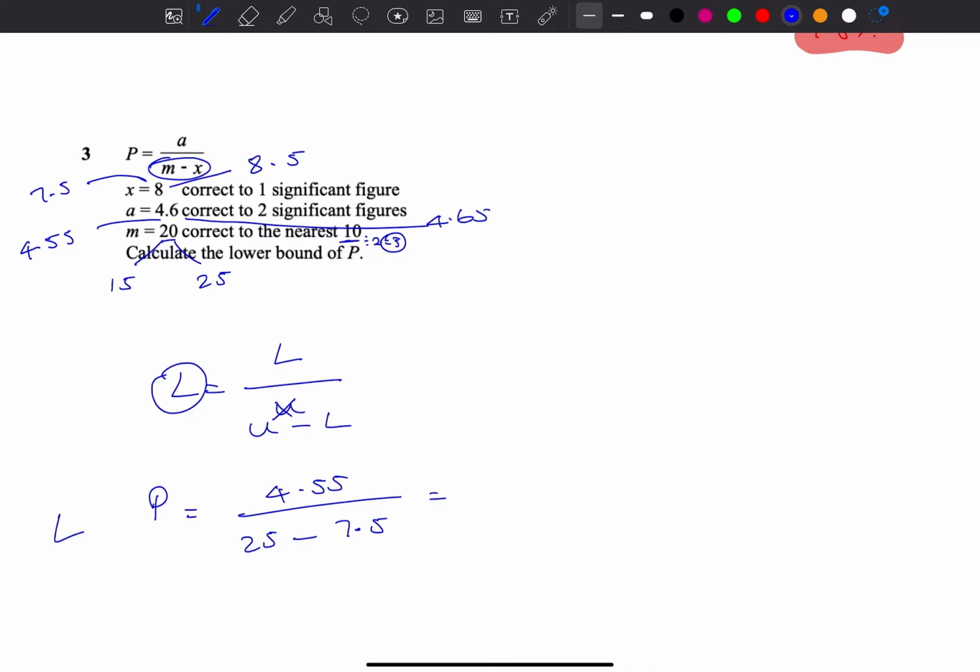Just plug it through: 4.55 over 25 minus 7.5 gives you 0.26. So 0.26 is the final answer.